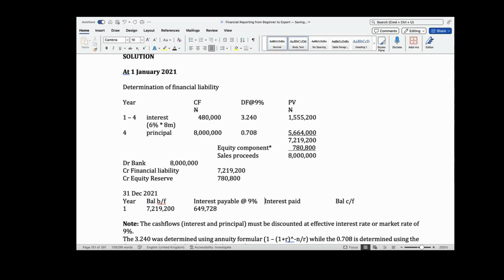The interest paid at 6%. How much is that? That will be on the principal. That's 6% of 8 million. That is 480,000, which we are going to deduct. So if you do 721,900 plus 649,728 minus 480,000, what does that give us?